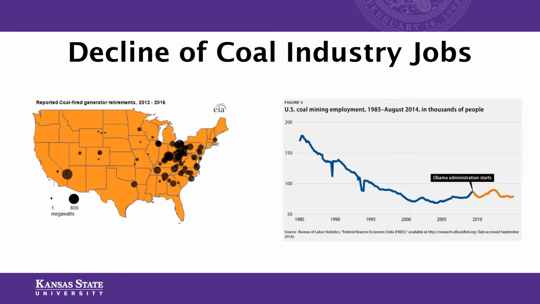So, although a lot of coal industry executives and many Republicans would like the US public to believe that it's Obama era regulations that went out of control, and that's what caused a decline in employment and production, it's really the case that we have seen this decline for several decades, and it's not just the regulations. Sure, the regulations have played a part in it, but we also have cleaner air because of the regulations.